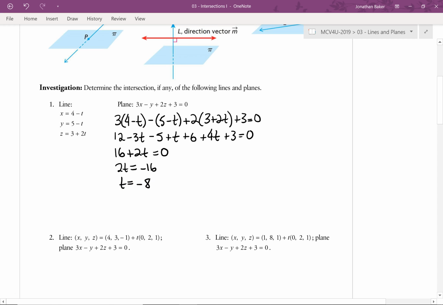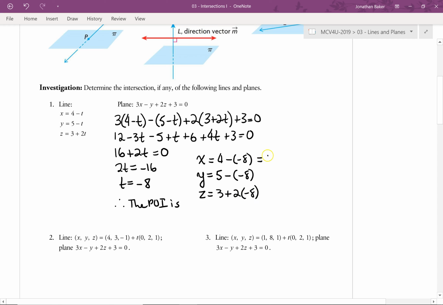This is the parameter that we would have to use in our parametric equation here. That means if we set t to negative 8, then we should get the point that we want that's on our plane. So we can say, therefore, the point of intersection is x equals 4 minus negative 8, y is equal to 5 minus negative 8, and z is equal to 3 plus 2 times negative 8.